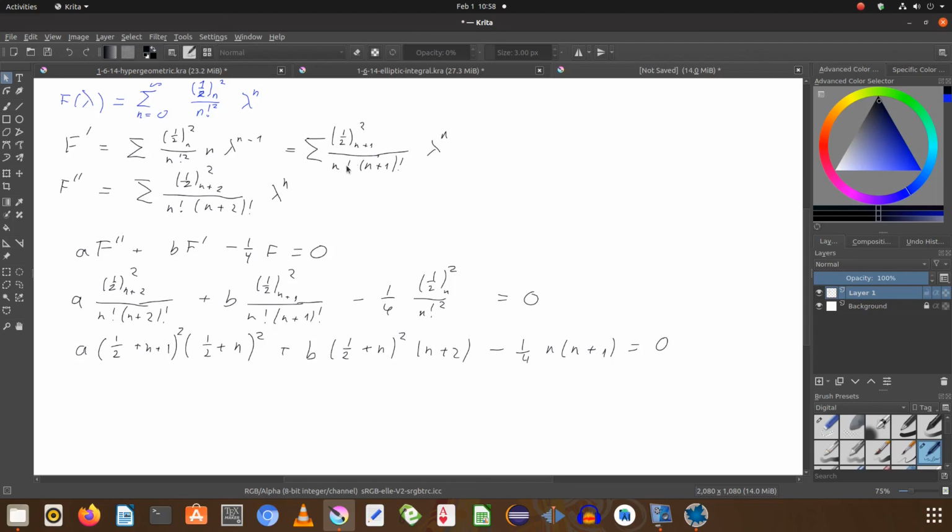It seems that every time we differentiate, because of this being squared, we get another power of n. And that's what's happening here. n to the second, n to the third, n to the fourth.